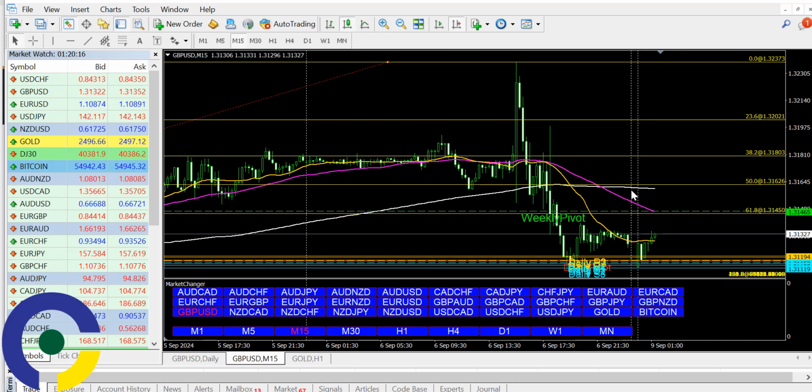For me, I recommend you just allow it to get up to this point, which is where you have the 200 period moving average of 15 minutes, 1.31626. So just be patient and look out for a signal around here to make entry.